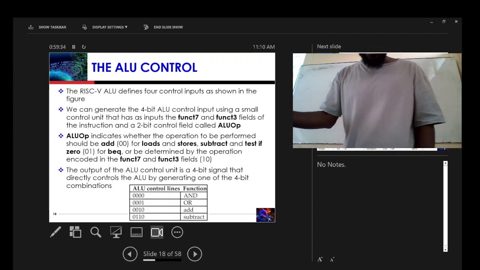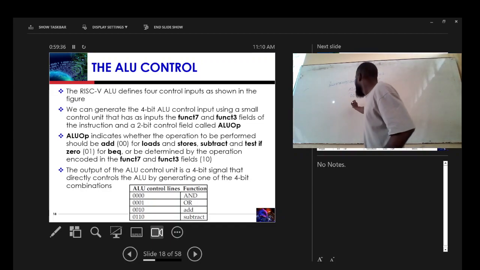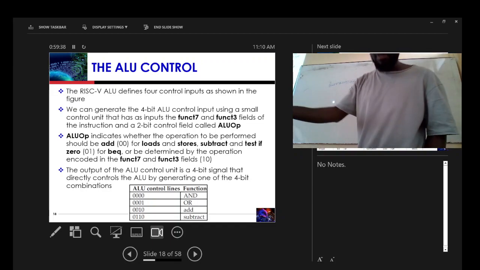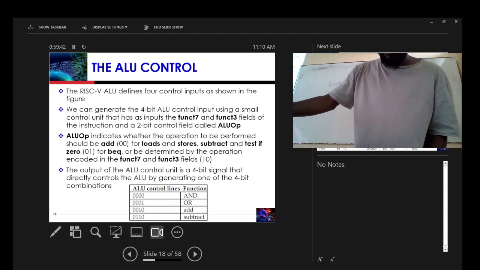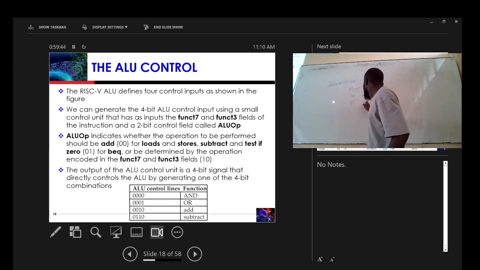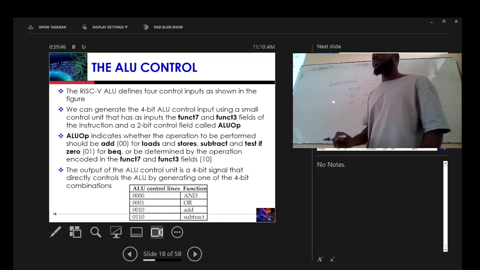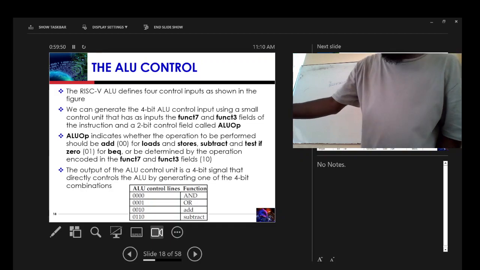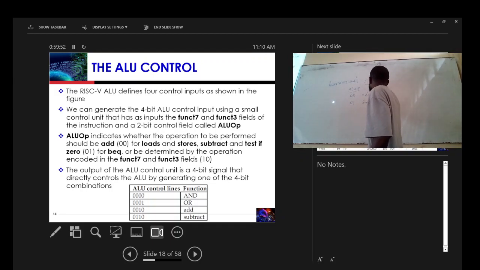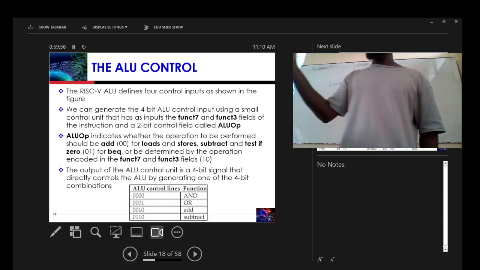Now, if the ALUOp is 01, please pay attention. If the ALUOp is 01, we are doing subtraction, but this subtraction is for our branch.